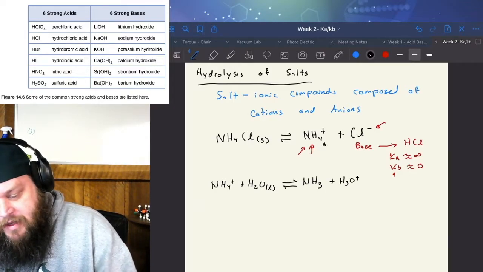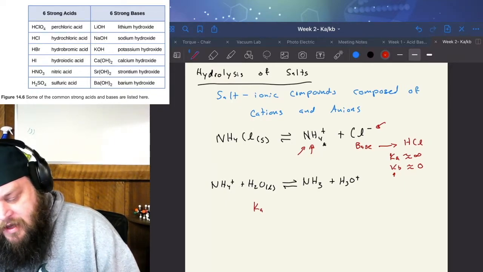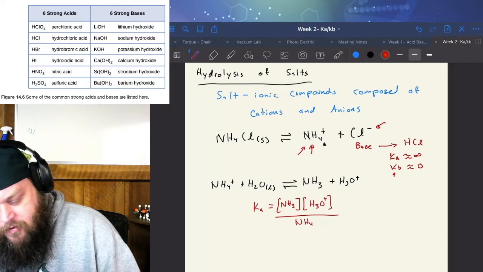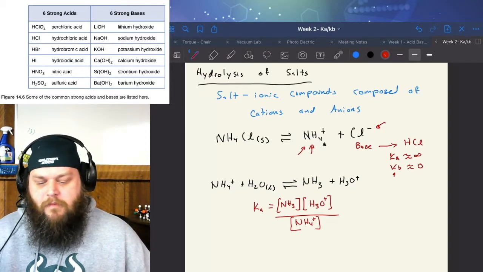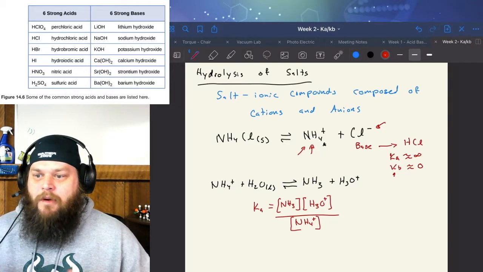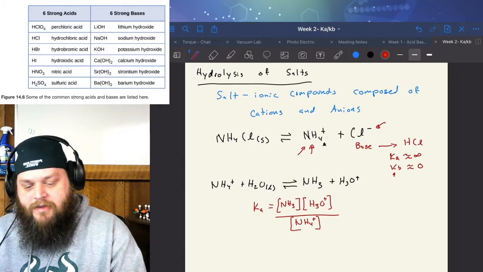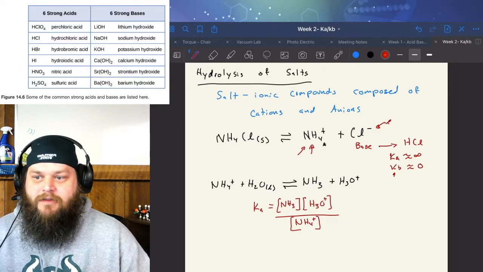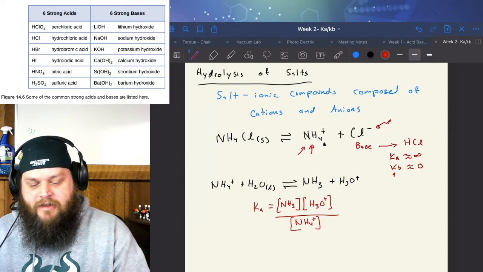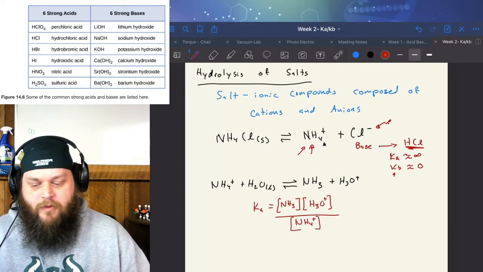Then we can write a Ka value for this, where Ka is going to be equal to the concentration of NH3 times the concentration of H3O+ divided by the concentration of NH4+. That's how it would dissociate, and why the chloride doesn't really work, because the conjugate acid is a strong acid in that case. So we don't really have to worry about that.